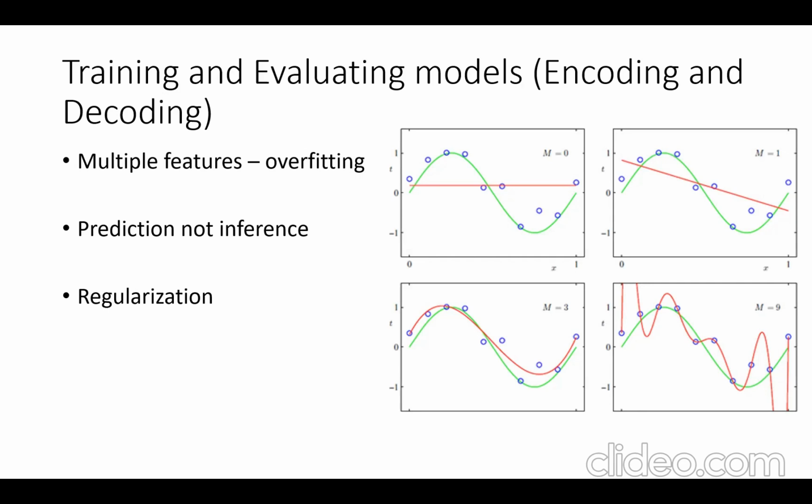But overfitting is, if this is a simple example where we have some data points, the blue is the data point. The green is the true function that created these data points, and the data points were just created with a bit of noise.